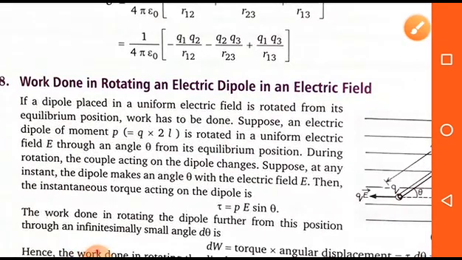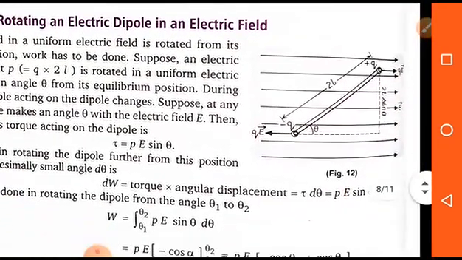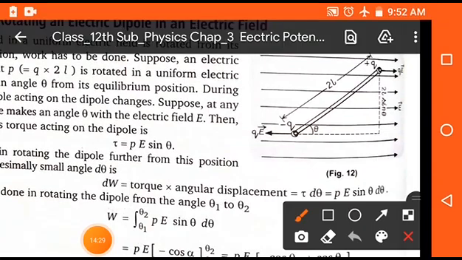Next topic is work done in rotating an electric dipole in an electric field. Here we use the concept of the electric dipole, and we have to find the work done by rotating it. That means we have to use the moment of force. From the diagram, if the electric dipole is rotated at angle theta, then the moment of force tau is equal to p E sin theta.